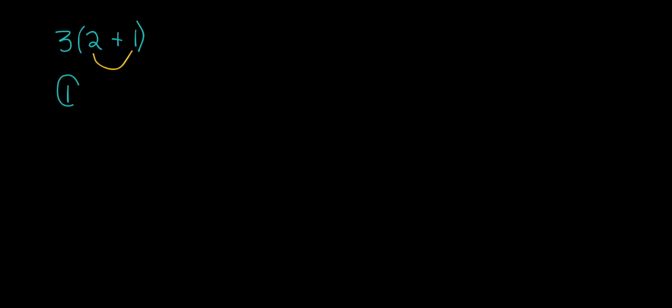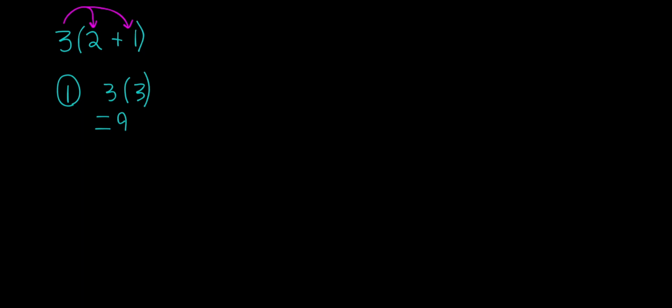That's going to give us 3 times, in brackets, 3, which is going to give us 9. However, you may also know that we can use the distributive property there. So what we're going to do is distribute this 3 to each of those terms.